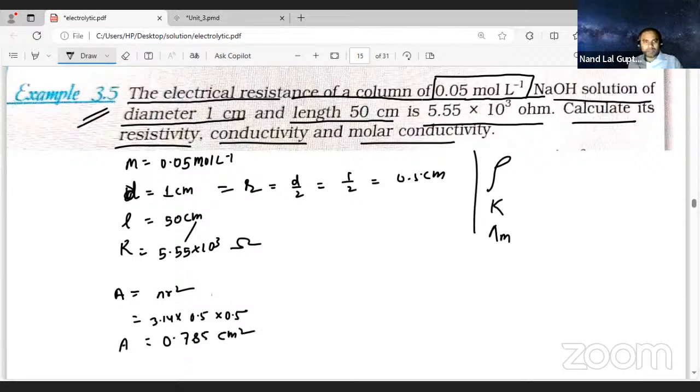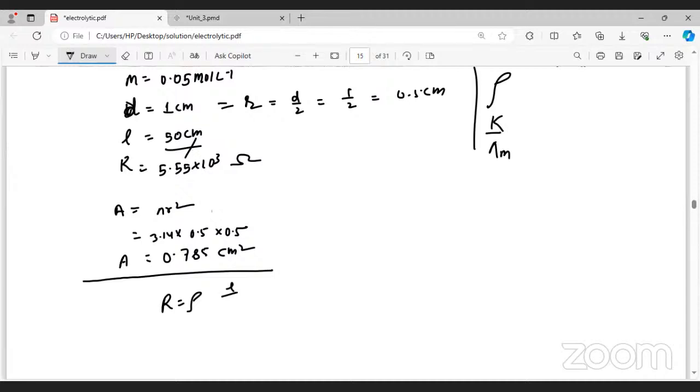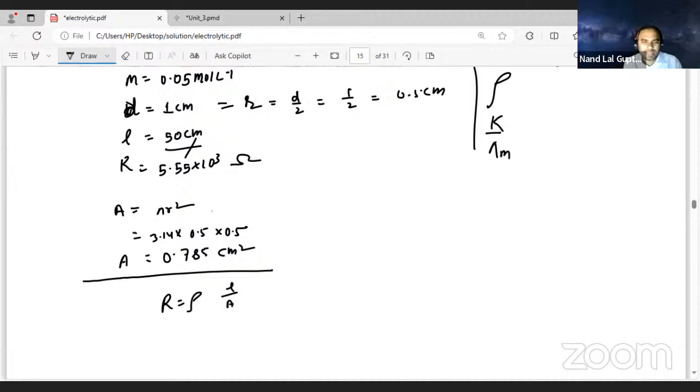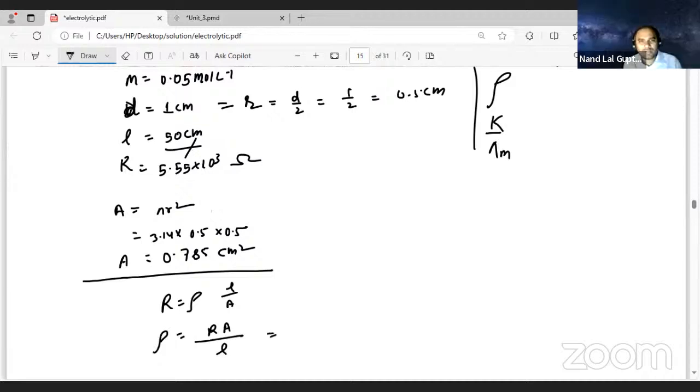This we got A. L is already there, 50 centimeter. So the formula we have learned, that formula only we can use. R is equal to rho L by A, so resistivity is RA by L. The R value they have given, 5.55 into 10 power 3, multiplied by A, 0.785, and L is 50.